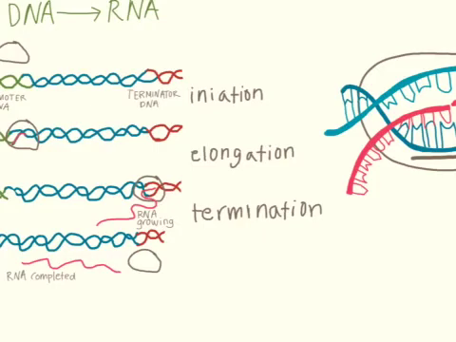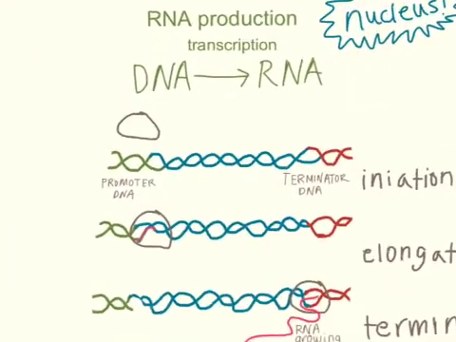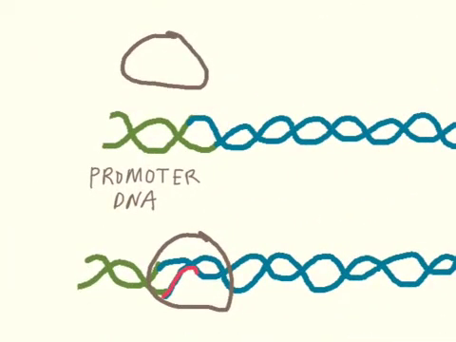So basically, the 2 DNA strands separate and one is used as a template, and then an enzyme, RNA polymerase, attaches onto a specific sequence called the promoter, and when it attaches, basically a signal is sent out which says start transcribing and start creating this RNA chain, and it also helps to decide which of the 2 strands of DNA will be used, so that occurs at this green area called the promoter DNA.